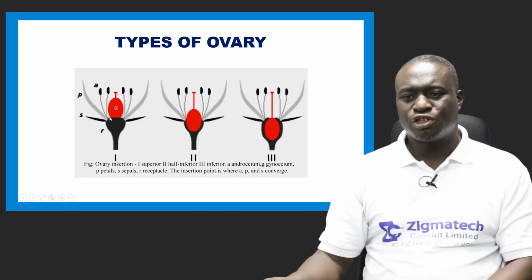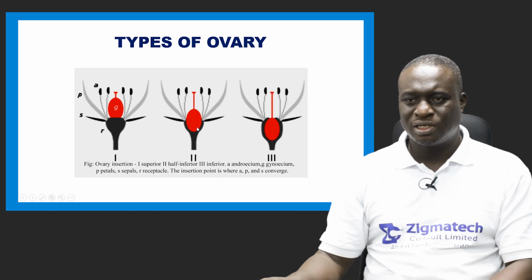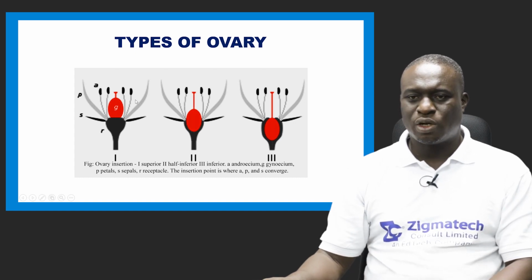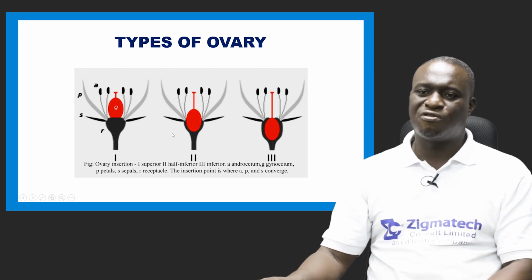You can see the position of the ovary. First, it is on top of the receptacle. Here it is inside, not fully immersed, but here it is completely immersed. So this one is on top, this one is at the same level, and this one is below. So we have three types of ovary.